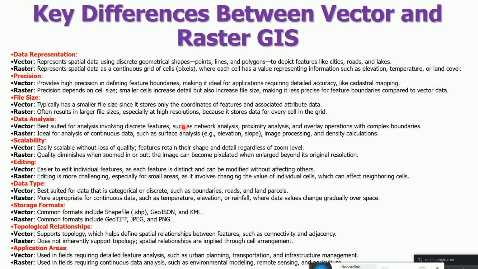Editing is more challenging in raster data, especially for small areas, as it involves changing the value of individual cells. Data type: vector is best suited for data that is categorical or discrete, such as boundaries, roads, and landscape. Raster is more appropriate for continuous data, such as temperature, elevation, or rainfall, where data values change gradually over space.